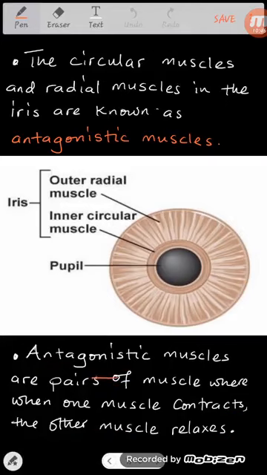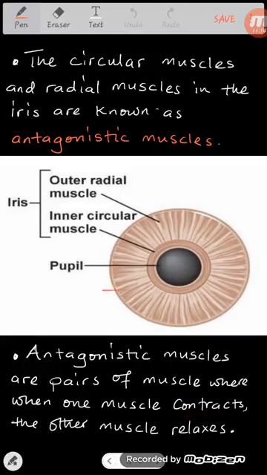The word pair means 2 by 2. Okay? Things that move 2 by 2 are known as things that move in pairs. So antagonistic muscles are always paired muscles. And these muscles behave in such a way that when one muscle contracts, the other muscle will relax. When the other muscle relaxes, the other one contracts automatically.